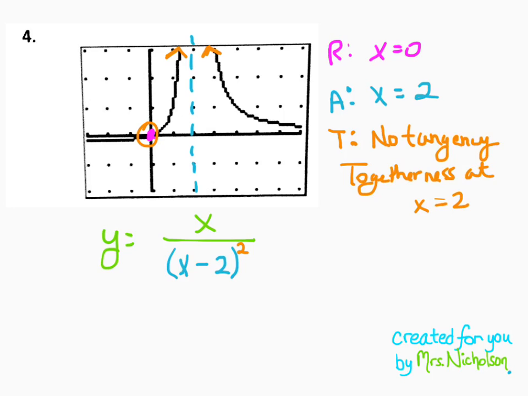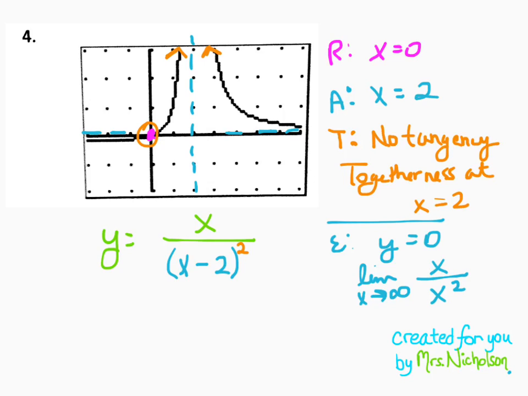Now again, once we get here, we should have a good equation for our graph, but we can double check it by checking the end behavior. On this graph, it looks like my horizontal asymptote is at y equals 0. And so if I take the limit as x goes to infinity of the equation that I've come up with, my numerator is just x, and in the denominator, if I squared x minus 2, my first term would be x squared.